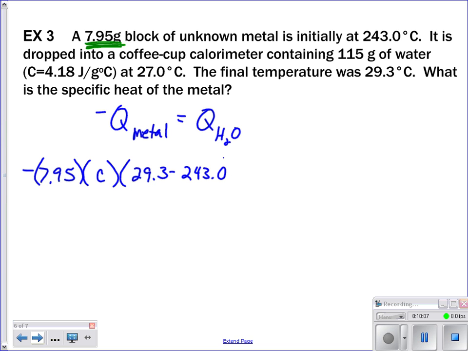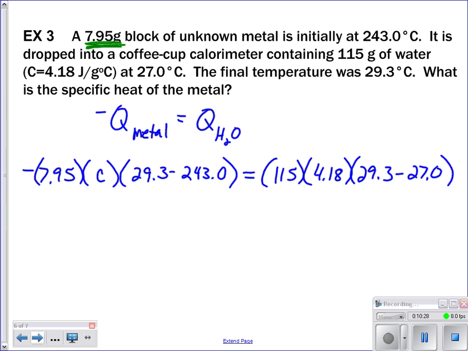So it was a really hot piece of metal, and we threw that into water, 115 grams of water with a specific heat of 4.18 joules per gram degrees Celsius, and the change in temperature reached a final temperature of 29.3, and it started off as 27 degrees Celsius.